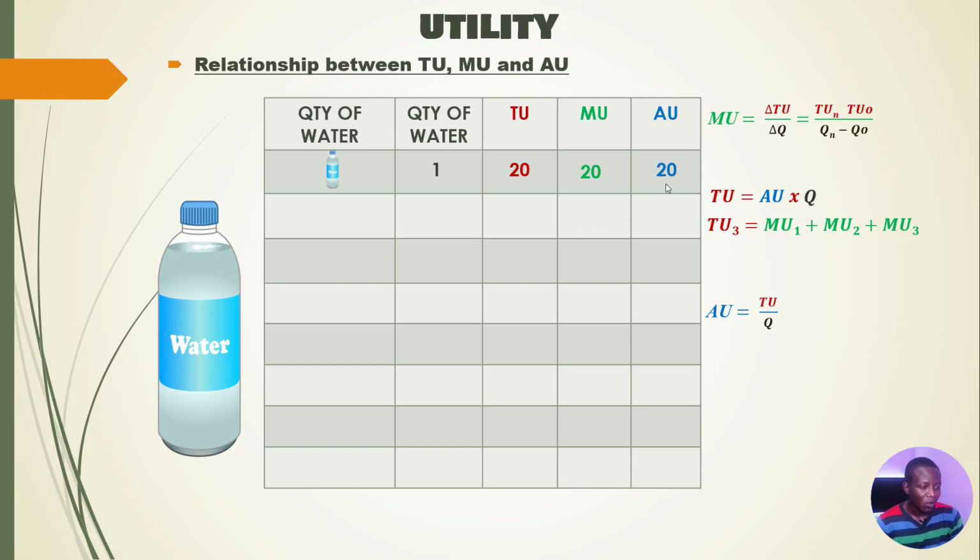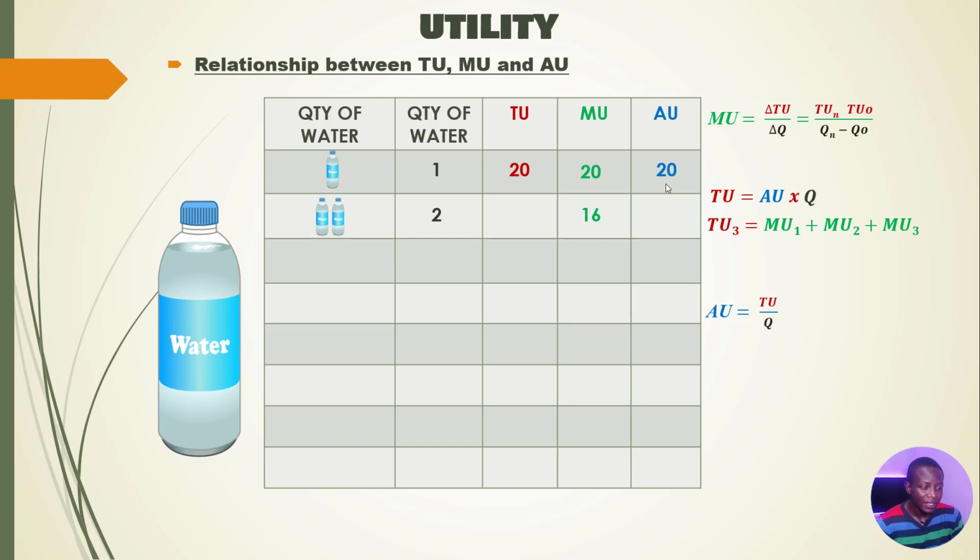Okay, now, after the first bottle of water, you said, I still want more because I'm still thirsty. So you were given the second bottle of water. After taking it, you said, okay, now I'm assigning a value of 16 utils to it. That's the level of satisfaction this time around. So what would your total utility be after consuming the second unit?